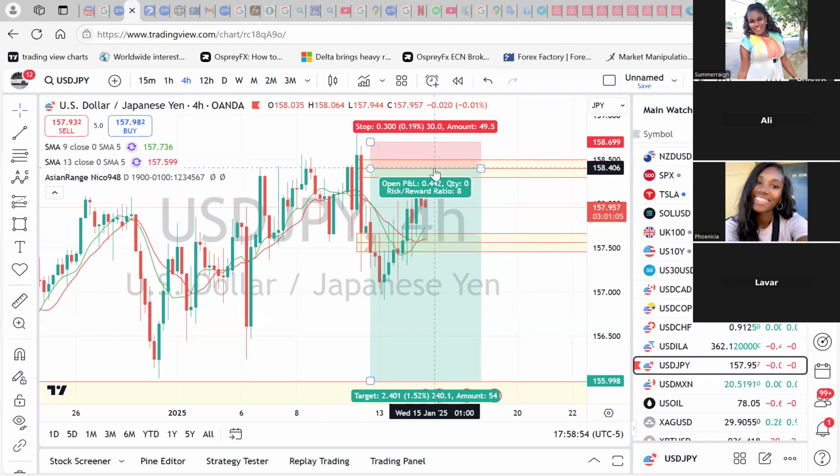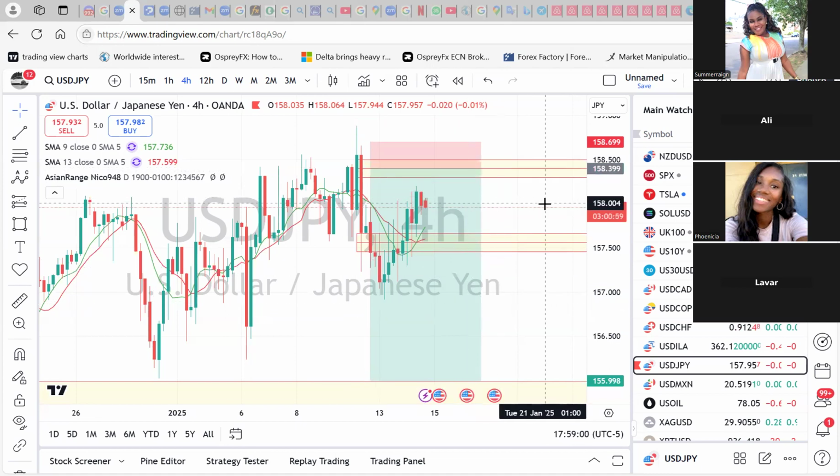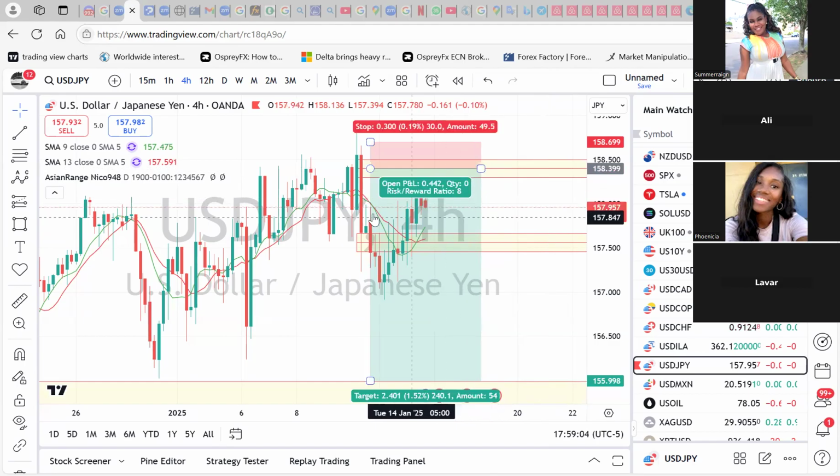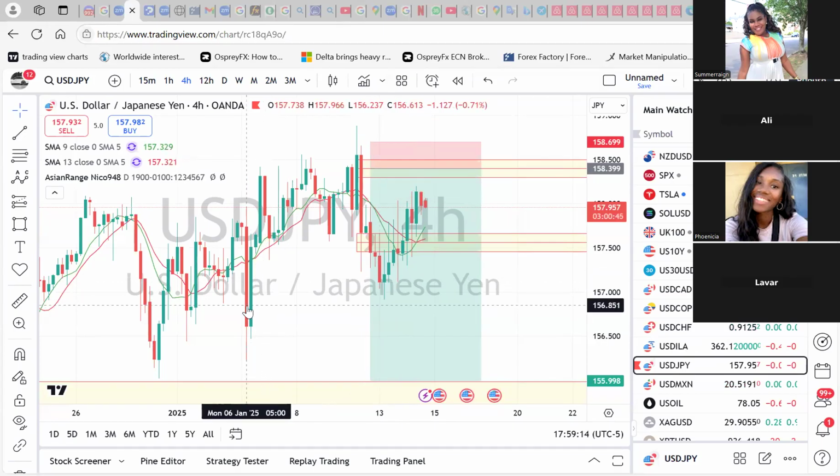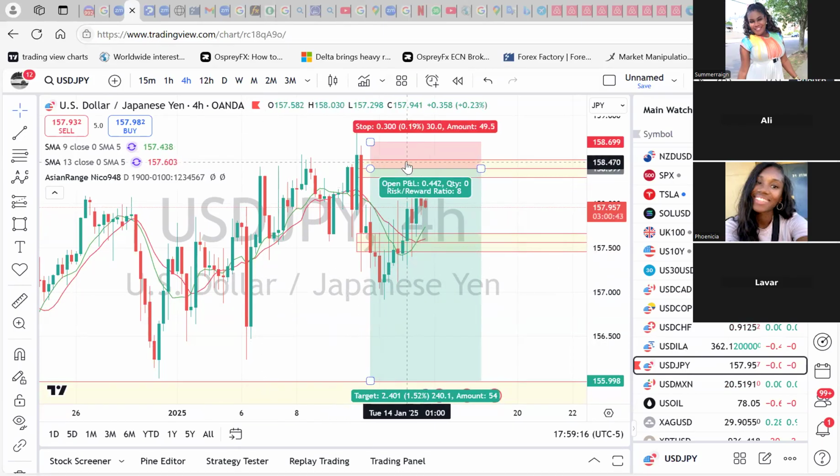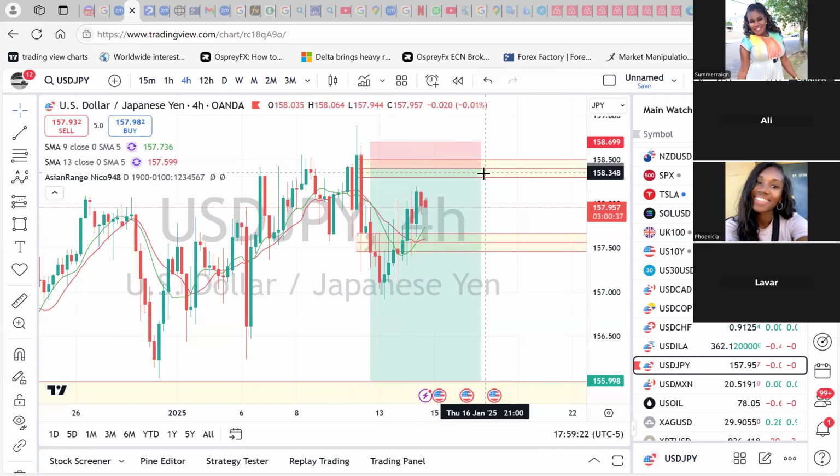This imbalance needs to be filled, and then I'll look for the sell. When the market opened, we created this bearish order block that had an imbalance. We filled that imbalance, right? We pushed down, and then price reversed because it's going to this imbalance. Does that make sense?